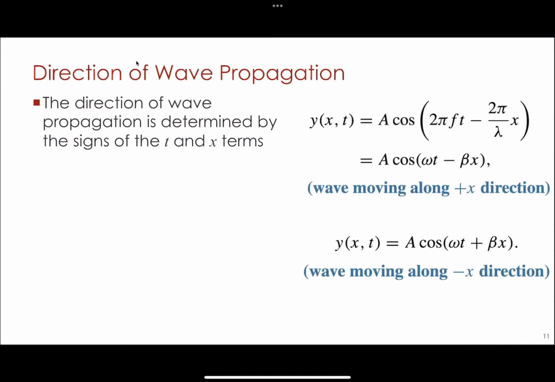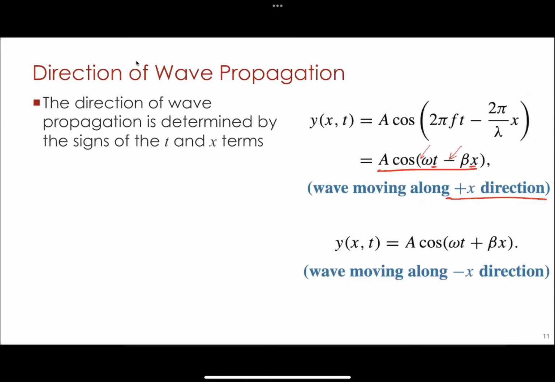Yep, so good question. I'll jump ahead here and we'll talk about this now. Hopefully I have sold you on this equation representing a movement in the plus x direction. It turns out that you can tell the direction of propagation by the signs in front of these two terms, what's in front of the t term and what's in front of the x term.